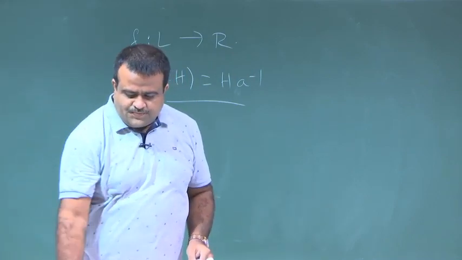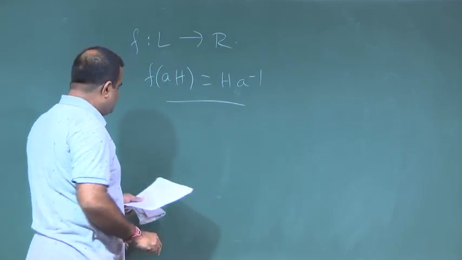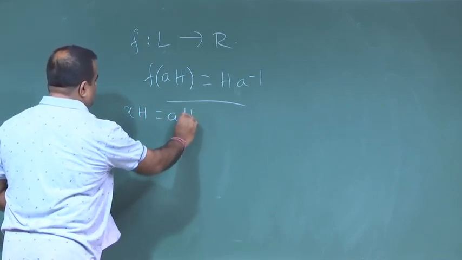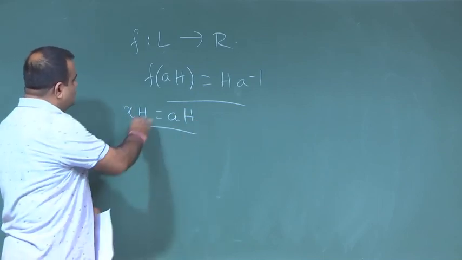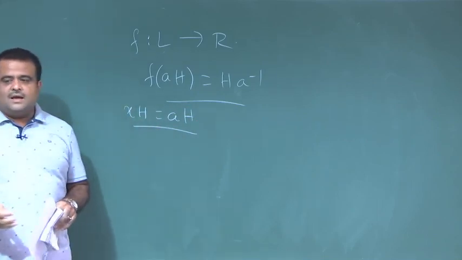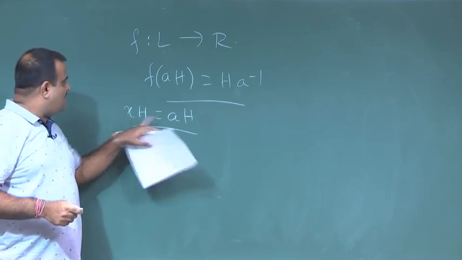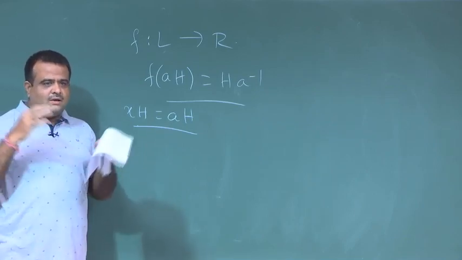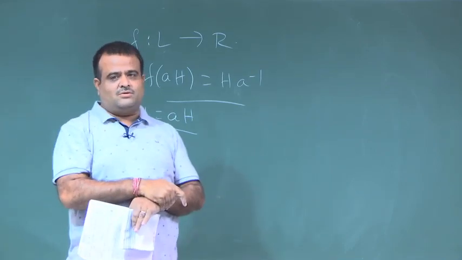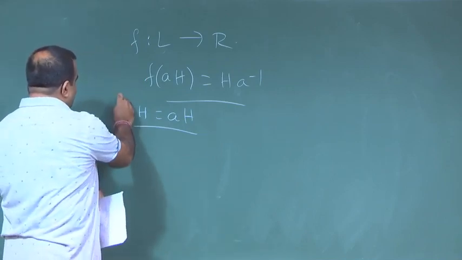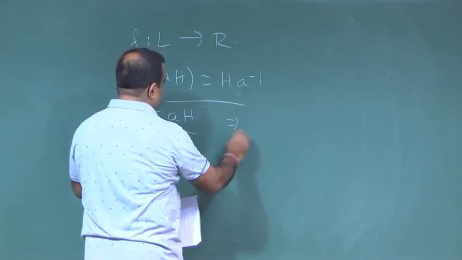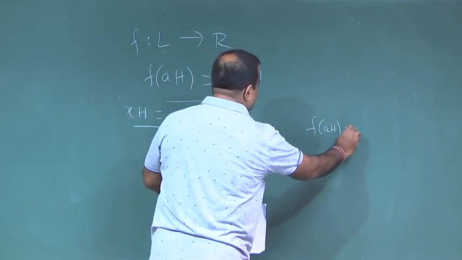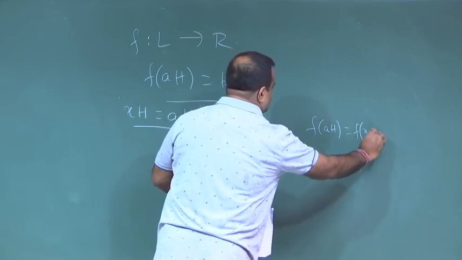To justify that, we take xH equal to AH. Basically these two are the same left coset, and we take two elements A and x that belong to the same left coset. Now, these two must map to the same right coset. So we need to show that F of AH must be equal to F of xH.